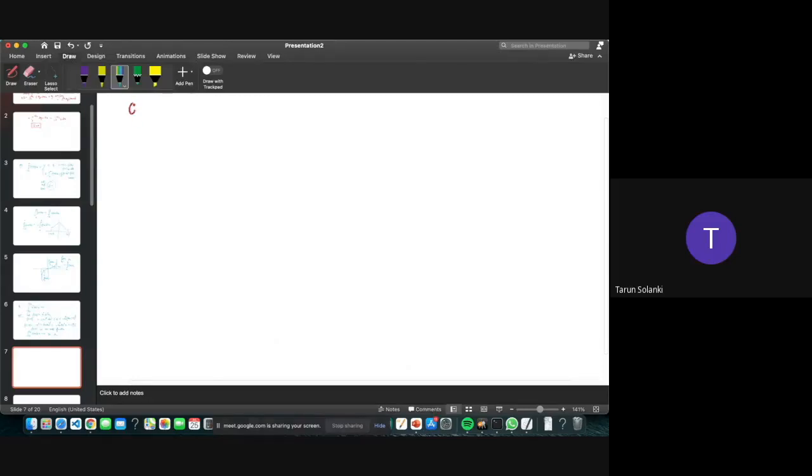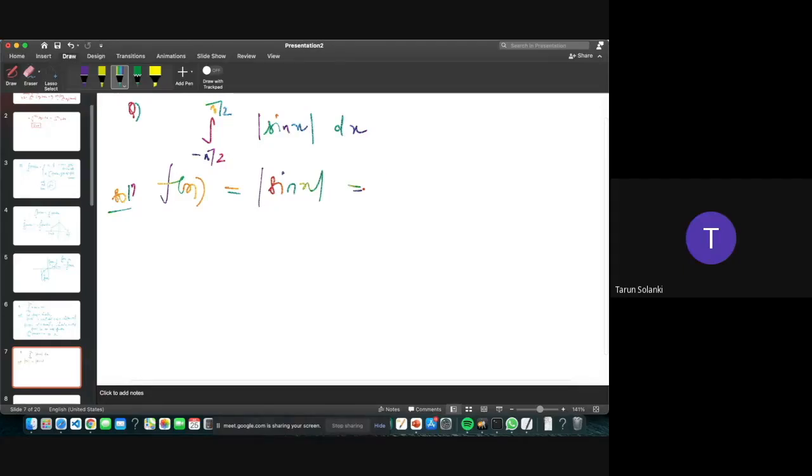Next question is, it's given from minus pi by 2 to pi by 2, mod of sin x dx. I think I had taken this earlier. Okay, so f(x) is equal to mod of sin x.